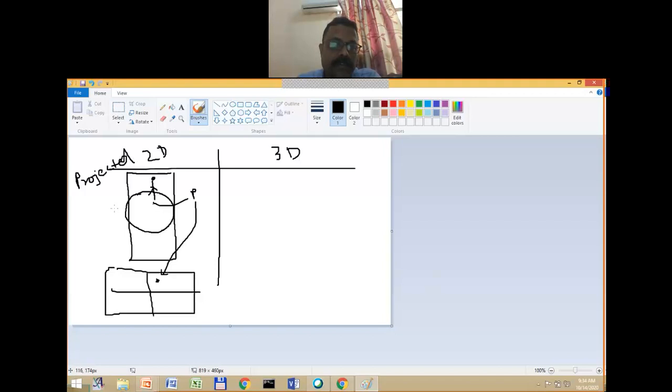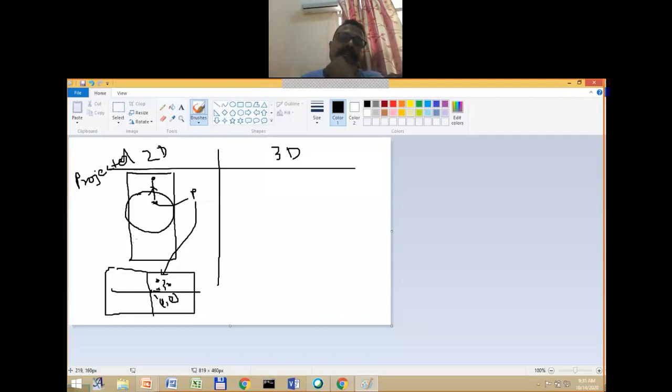This is my origin, 0, 0. If you have your origin here, you can calculate how much you have to come this way and how much you have to go this way. You can have your x and y, and if you can find your x and y, you can find the position here.